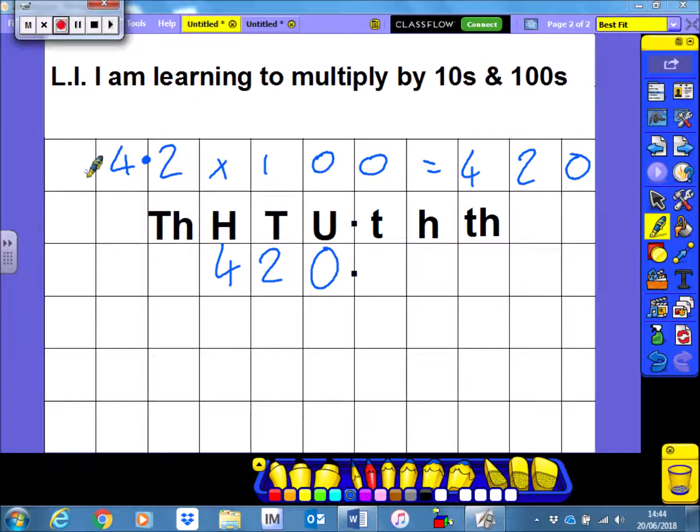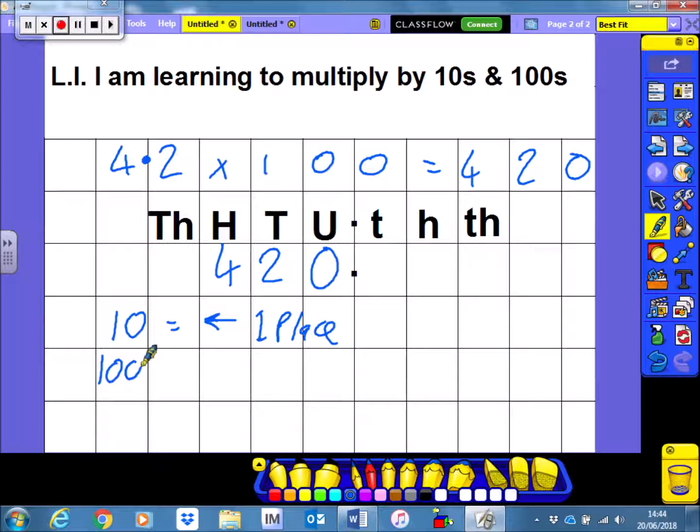So the pattern we should have noticed then is to do with how we move things up the columns, how we change the place value of something. So if we're timesing something by 10, everything moves up 1 place. So it's moving up to the left 1 place.